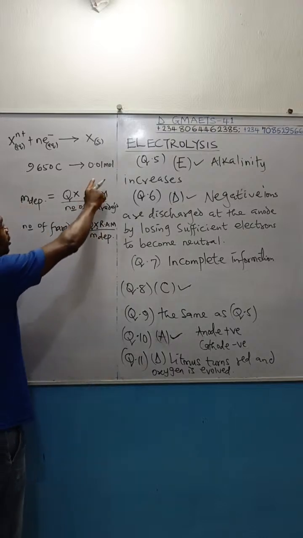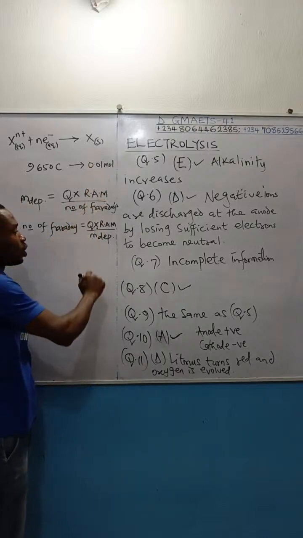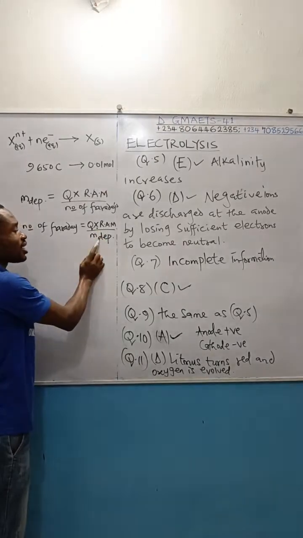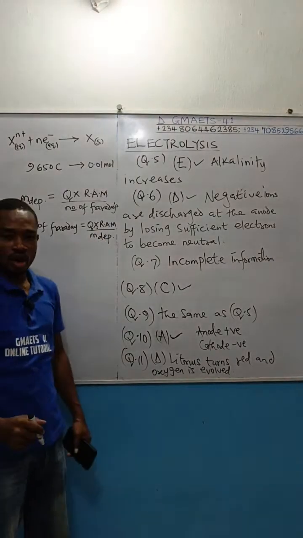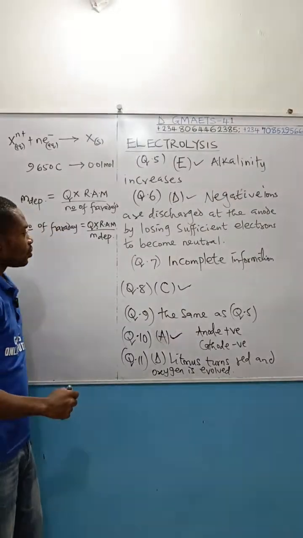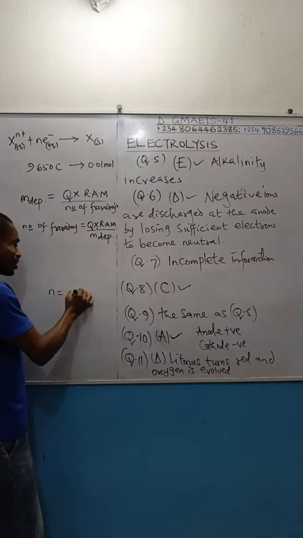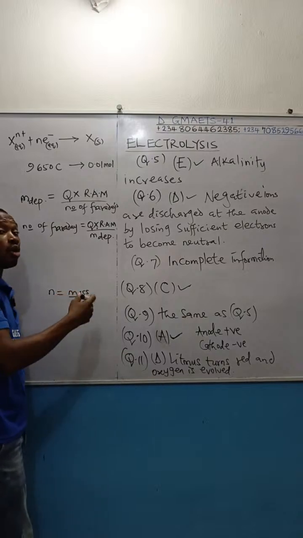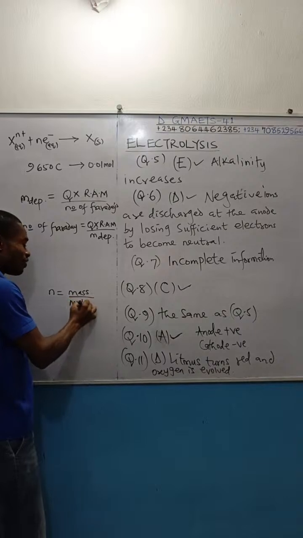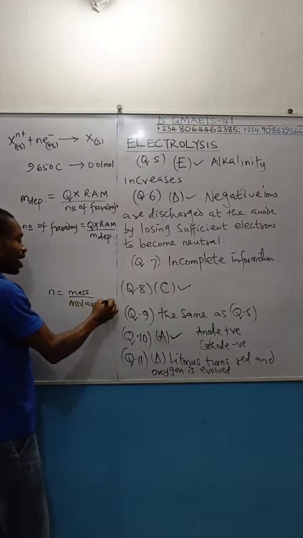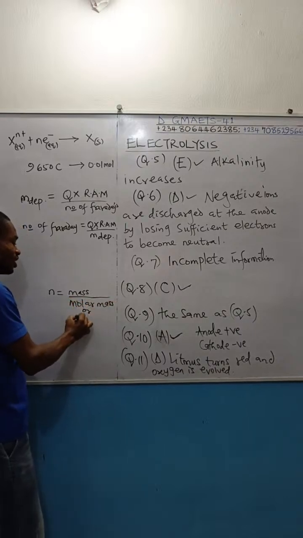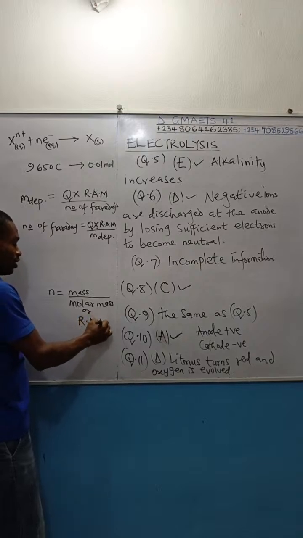Now, the question given to us gave us the number of moles. From the relative atomic mass and mass deposited, we can calculate number of moles, because number of moles is mass divided by molar mass. And the molar mass, if it is an element, would be the relative atomic mass of that element.